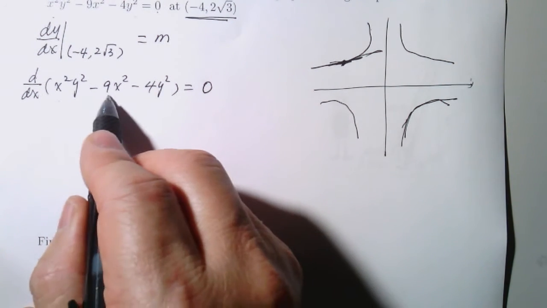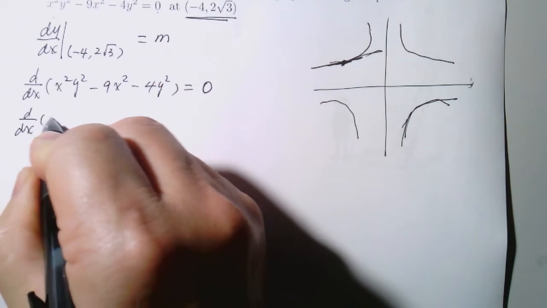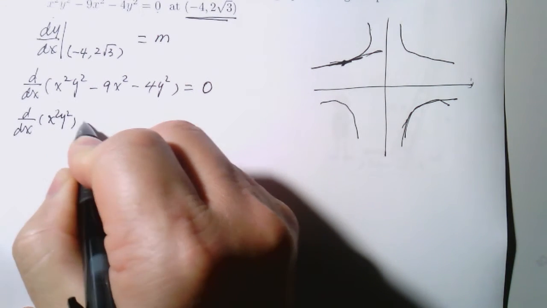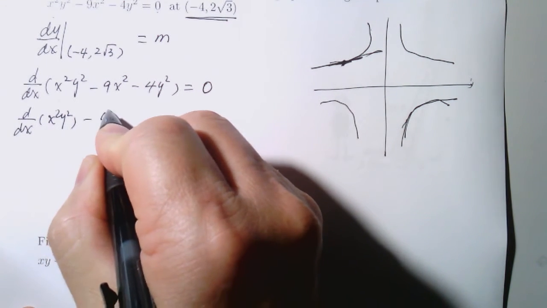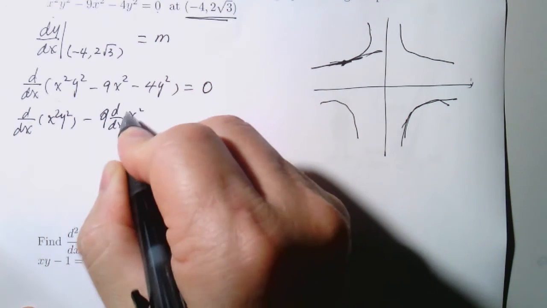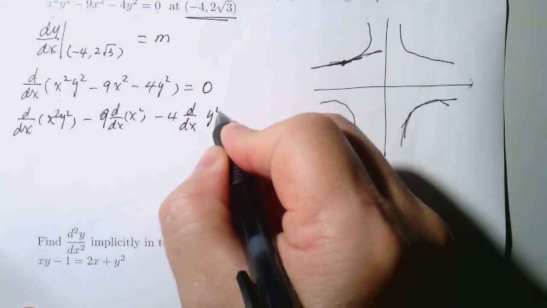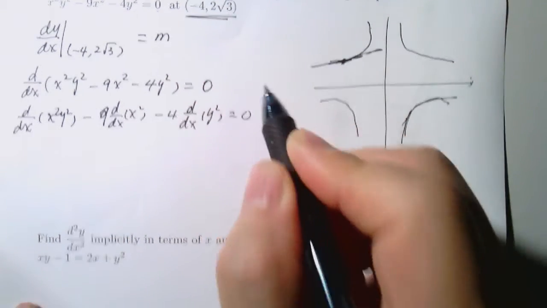I need to take the derivative of each of these terms: d/dx of x squared y squared, minus 9 d/dx of x squared, minus 4 d/dx of y squared, equals 0.